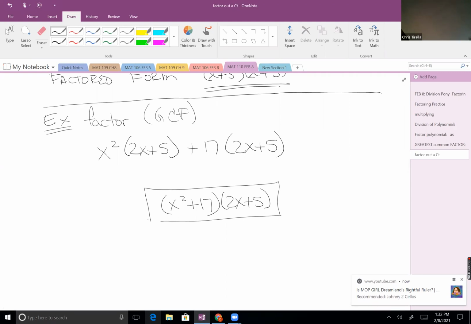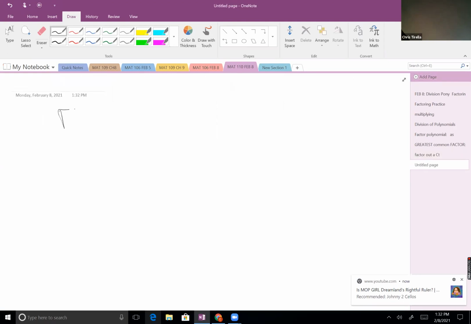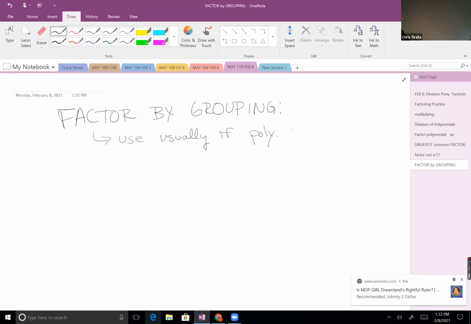And that takes us to what will be the next type of factoring we're looking at, which will be factoring by grouping. And to factor by grouping, I'm going to use, usually, if my polynomial has 4 terms.